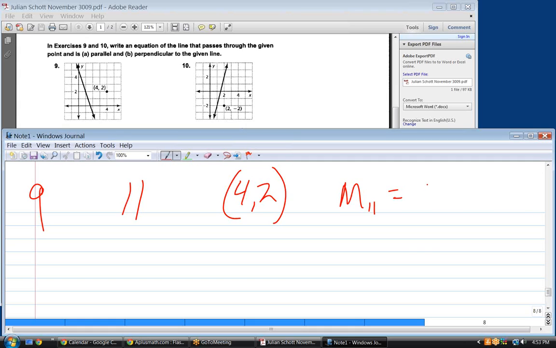Minus 1. Okay, so we have 5 minus a minus 1 is the rise. Now what's the run? From that point over to here. 2. Okay. That gives us a slope of what? Based on that. 5 minus a minus 1.